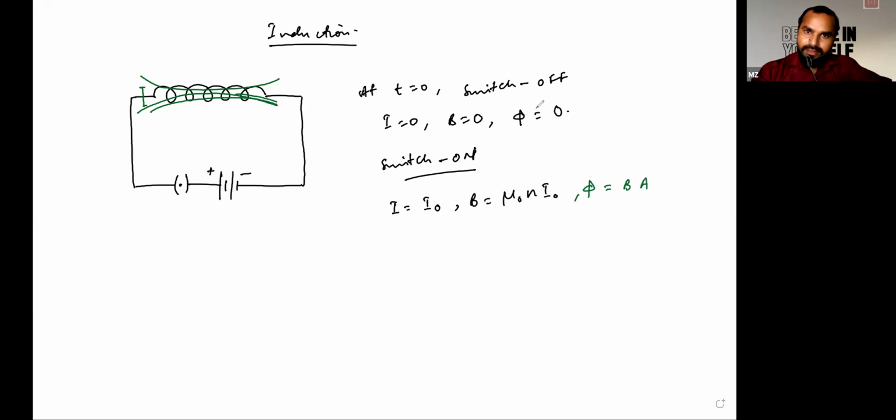So if I compare from the starting point when t equals 0 to this point when the switch gets on, the flux initially was 0, but now it has some amount of flux. So on comparing, we can conclude some amount of flux is changing.